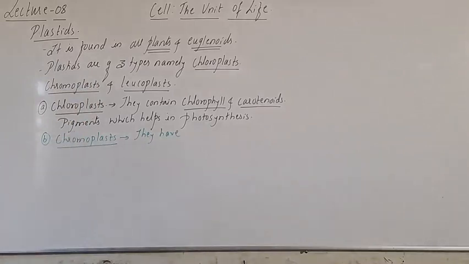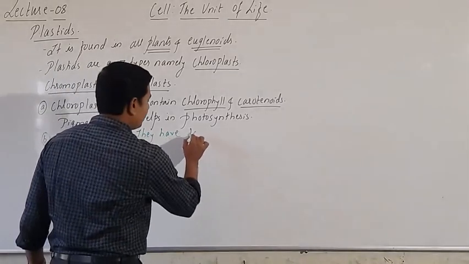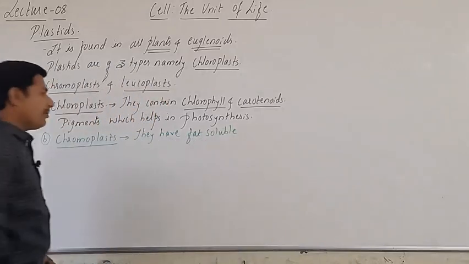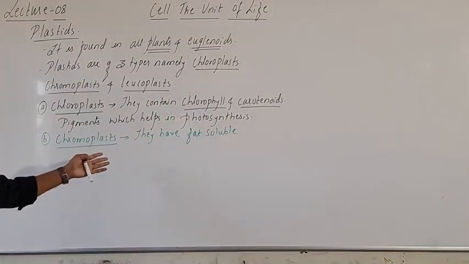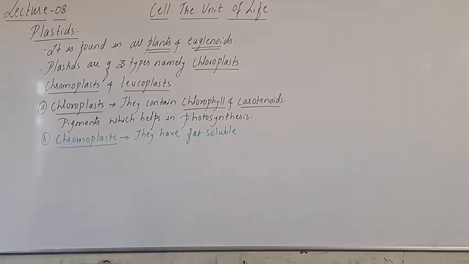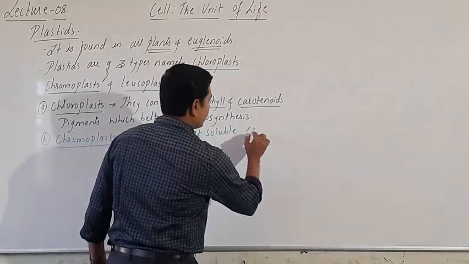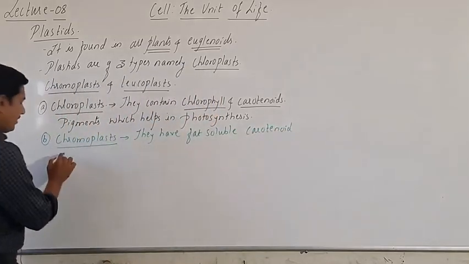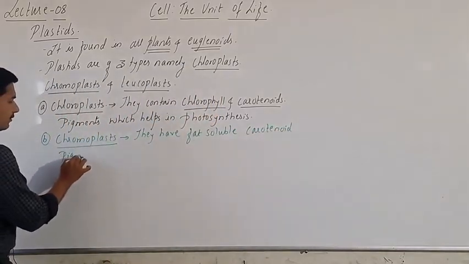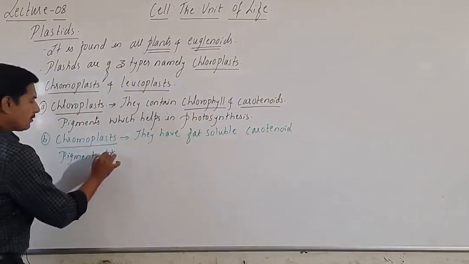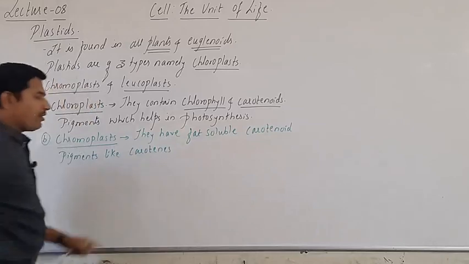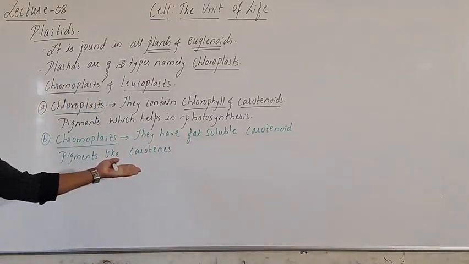They have fat soluble pigments, and those pigments are carotene and xanthophyll. So fat soluble carotenoid pigments like carotenes, and one more which is called xanthophylls.